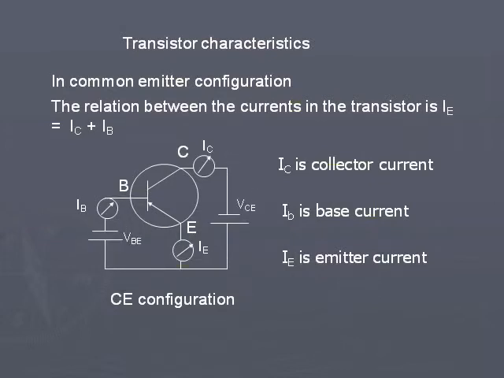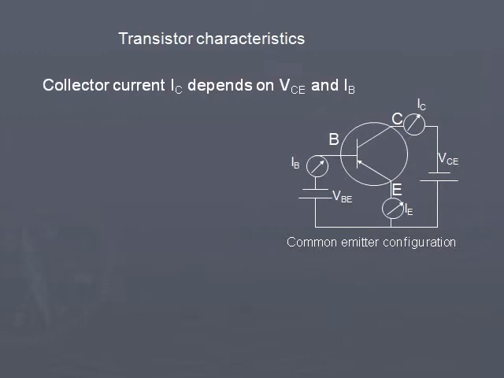Collector current IC depends on VCE and IB. VCE is output voltage, voltage between collector and emitter. This is the case in common emitter configuration. In common emitter configuration, the collector current depends on base current and output voltage, VCE, collector voltage.